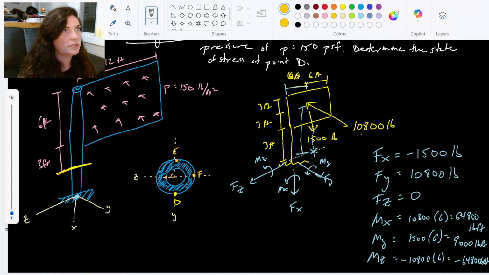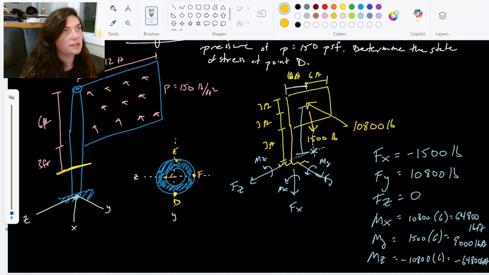So let's look at this Fx first. This Fx is a force going straight down. It's in the longitudinal direction, which means that it's an axial load. That's the kind of load it's contributing, axial load. So this axial load that's acting in a compressive way, right? It's compressing it because it's negative.